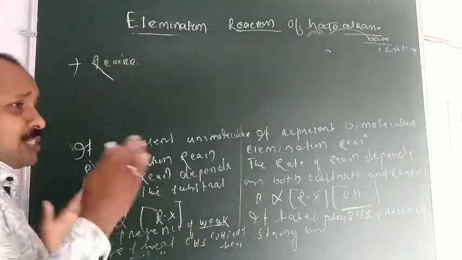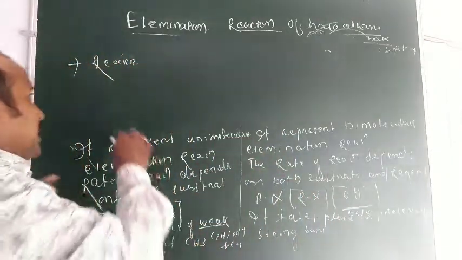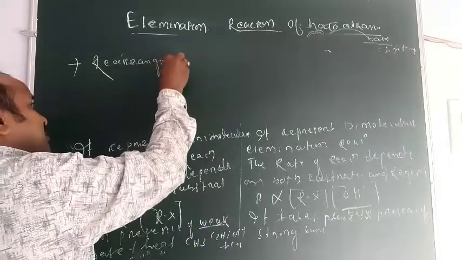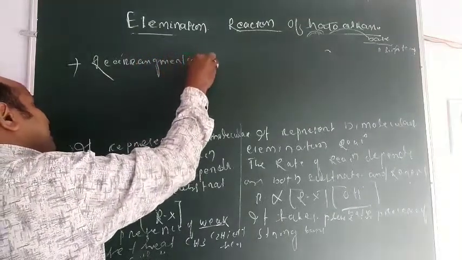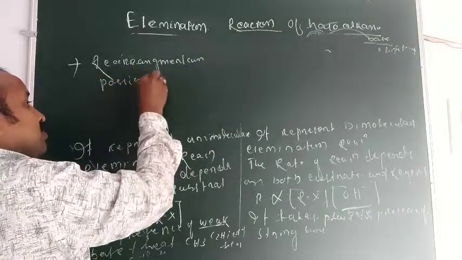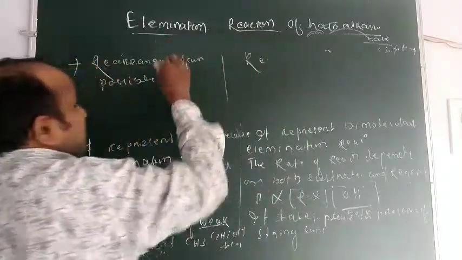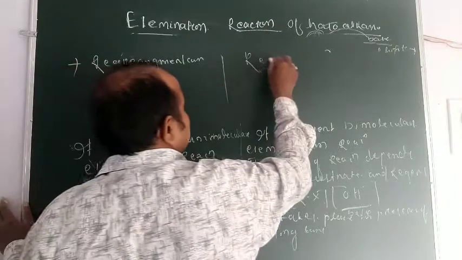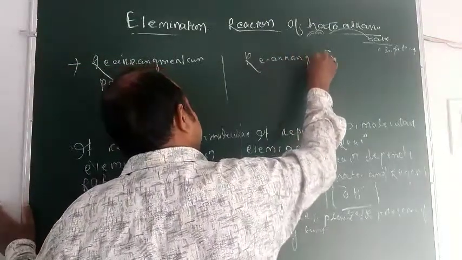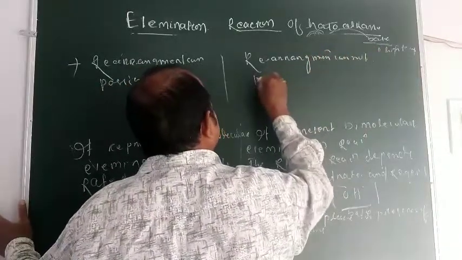Rearrangement means secondary to tertiary, primary to secondary. But in the E2 reaction, rearrangement is not possible.